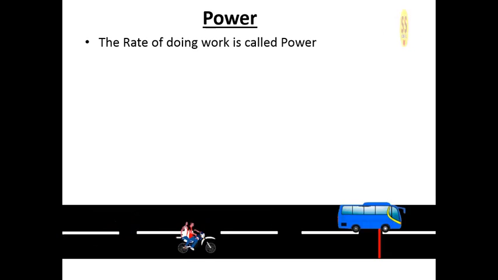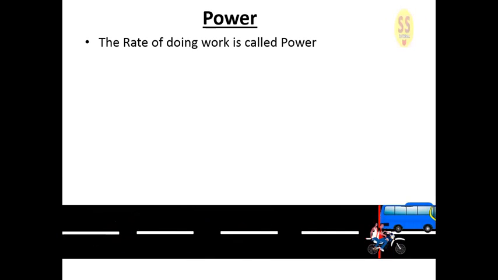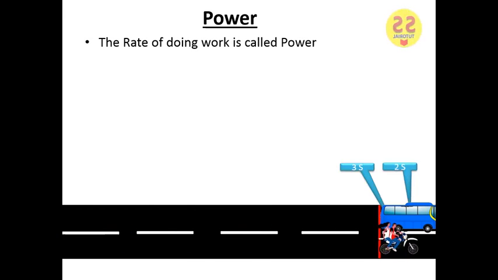Just look at here. The bus reached here in 2 seconds and the bike reached within 3 seconds. It means both of them did the same work, but the power of the bus is more than the bike. So it reached earlier than the bike.